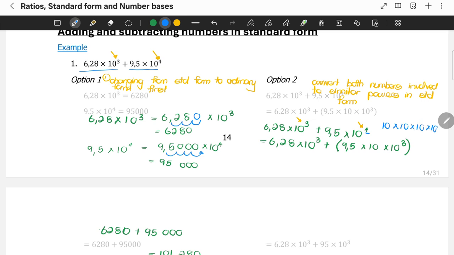So it means 10 being multiplied by itself 4 times. But now if you remove one of the 10s, we're left with 3 of the 10s, right? So that's what standard form is. Now we're left with both to the same power: 6.28 times 10 to the power 3 plus, now you multiply 9.5 times the 10, we should end up with 95. So that's going to be 95 times 10 to the power 3.